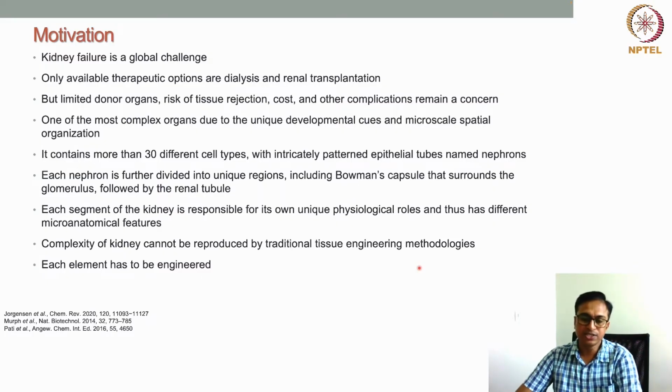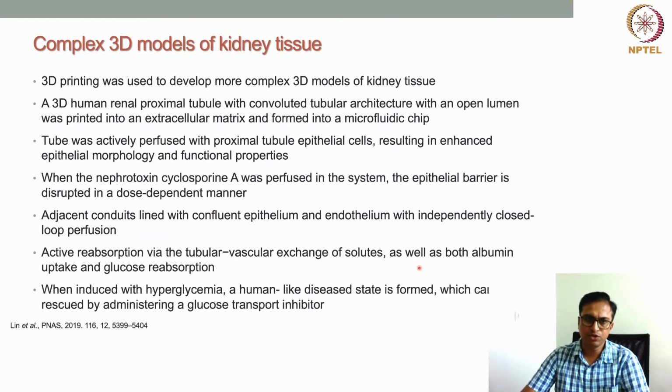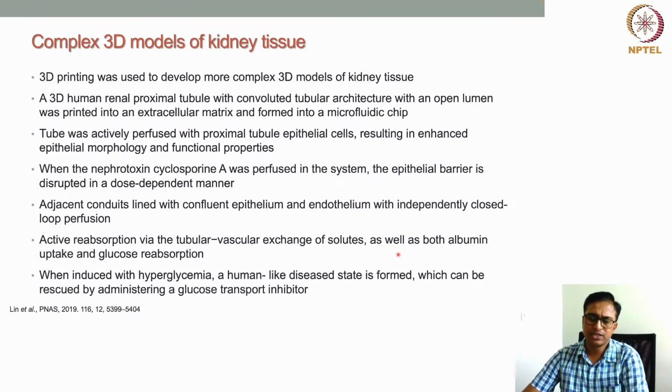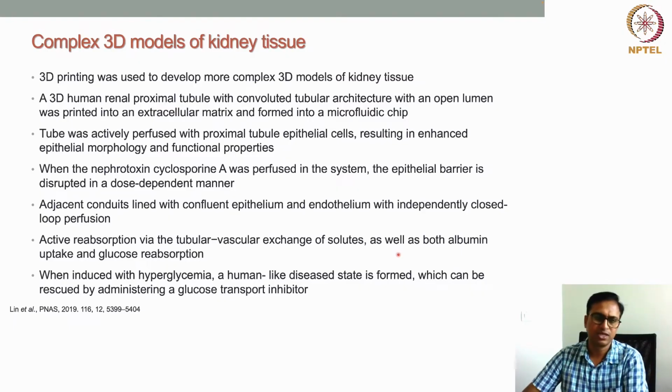So bioprinting has huge prospects to generate a full kidney, but we have not reached that stage. In this lecture I will discuss a few of the 3D bioprinted models that researchers have developed over time, and these are very important breakthroughs where researchers have shown a few parts of this particular organ.